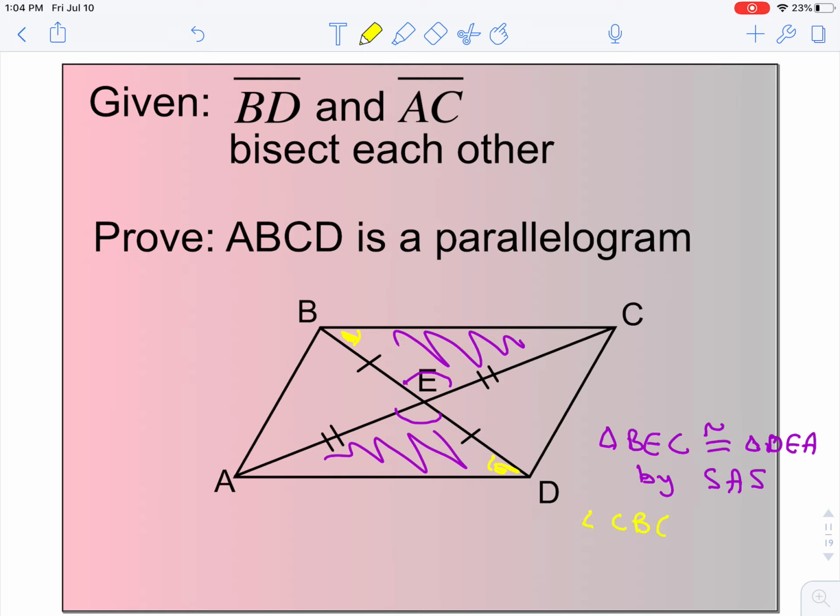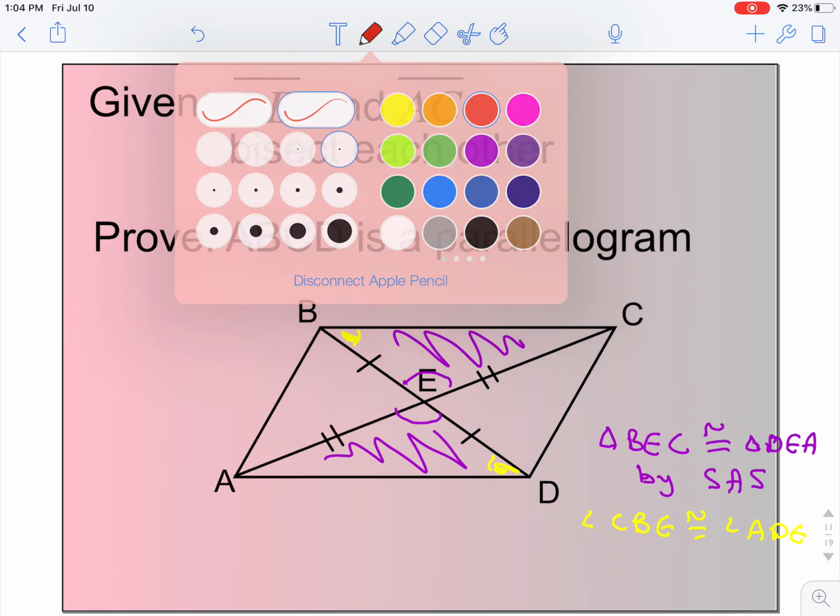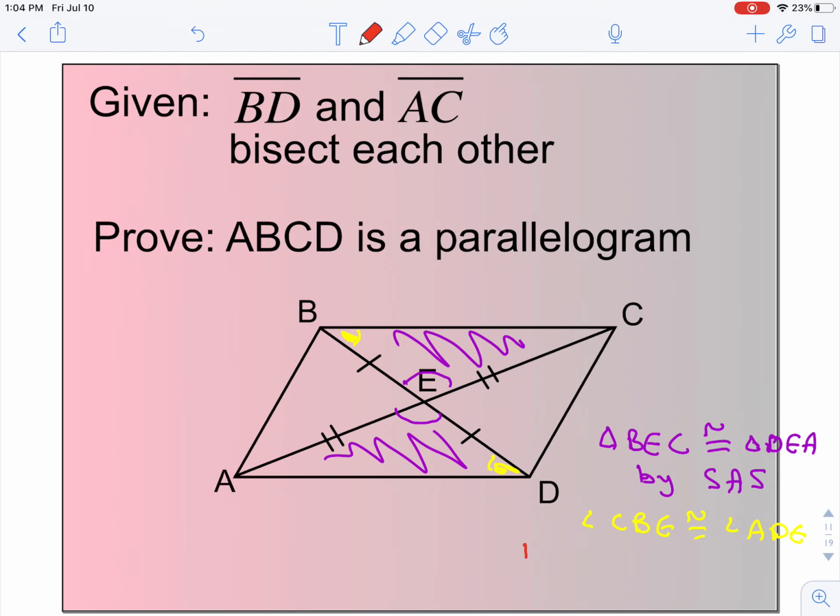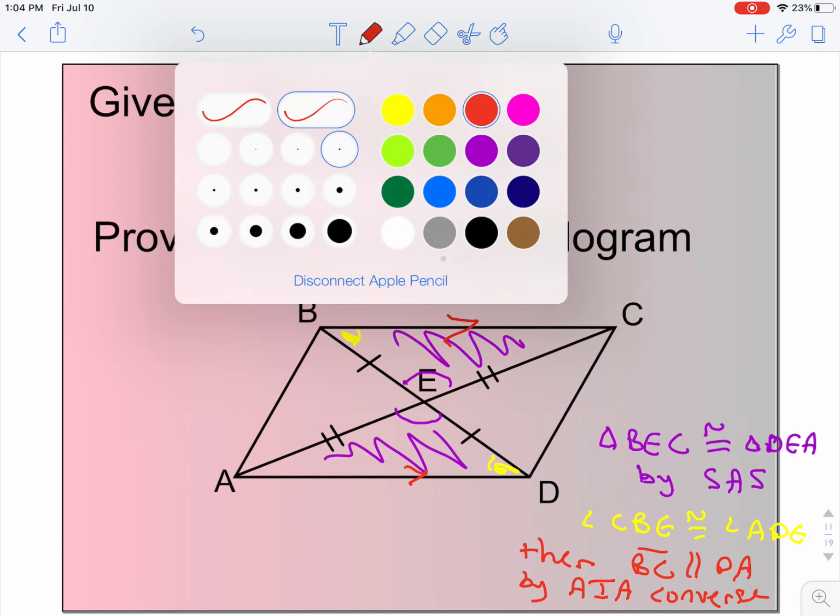So now I could say that angle CBE is congruent to angle ADE. And if that's true, then BC has to be parallel to DA by the alternate interior angles converse. So I just proved these two sides are parallel.